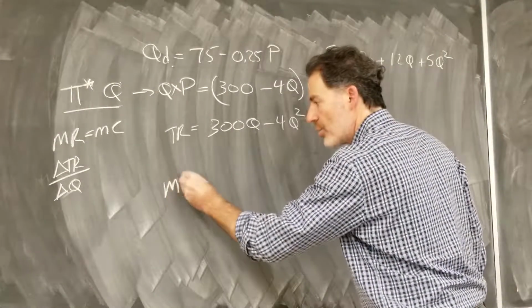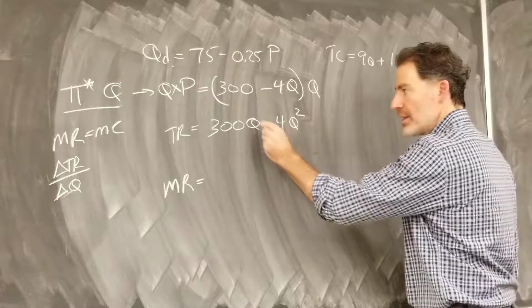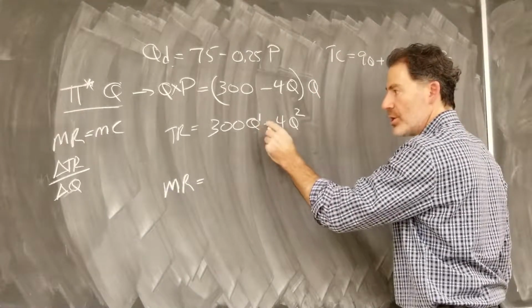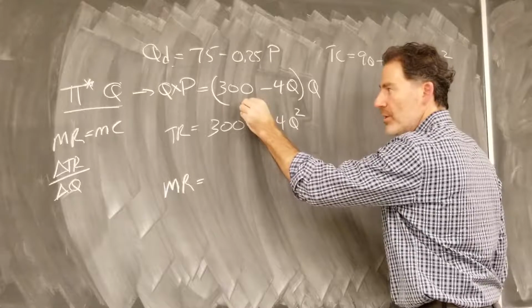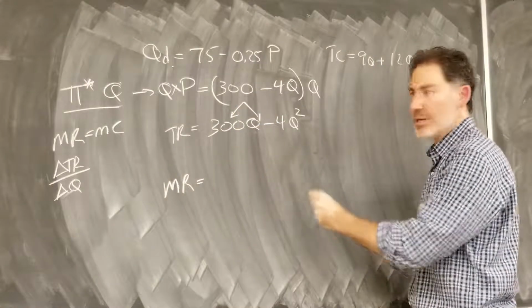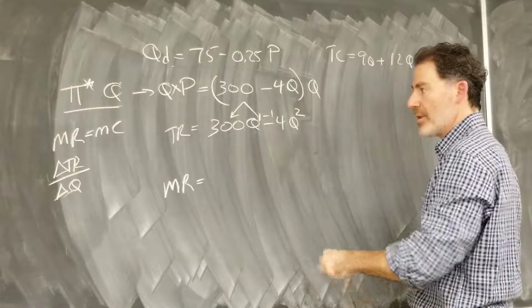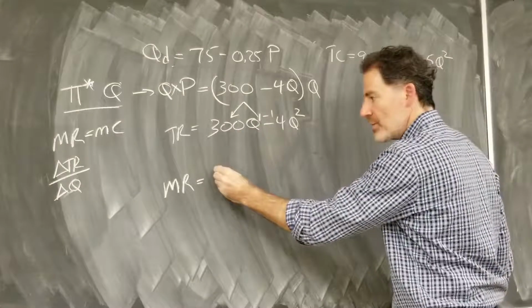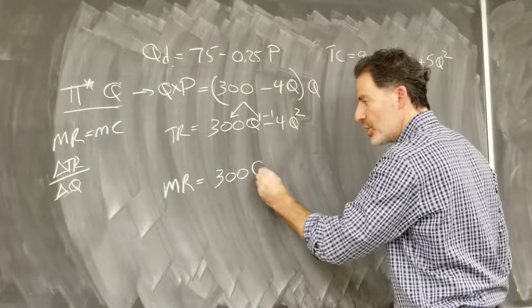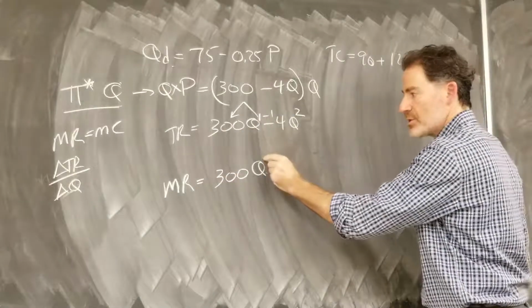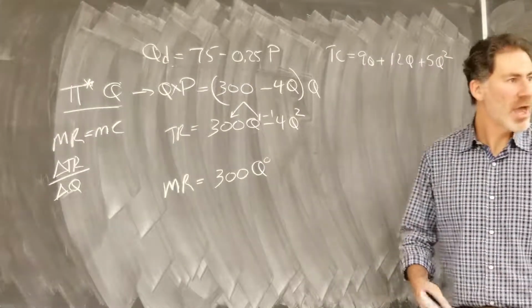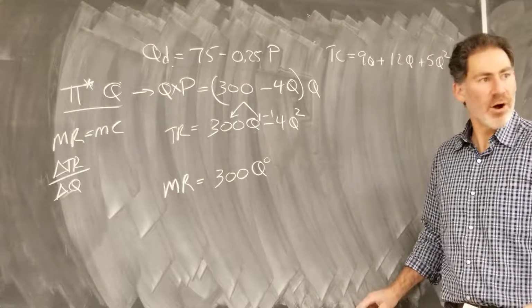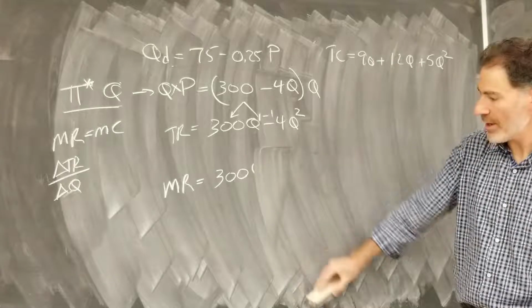So marginal revenue, so let's see here, this says 1Q, Q to the exponent 1. We'll take the exponent, we'll multiply it by the coefficient, and then we'll subtract 1. So 1 times 300 is 300. Q to the exponent 1 minus 1 is Q to the exponent 0. Anything to the exponent 0 is 1, so that goes away.